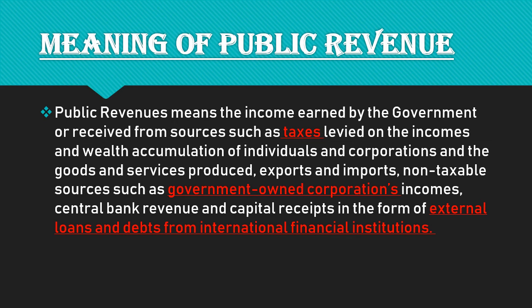These sources include income from tax receipts, non-tax receipts, and from government corporations. This income received by the government is used for the country, for public expenditure, for the welfare of society. So in short, whatever income is received by the government is covered under public revenue, and it includes tax receipts and non-tax receipts.